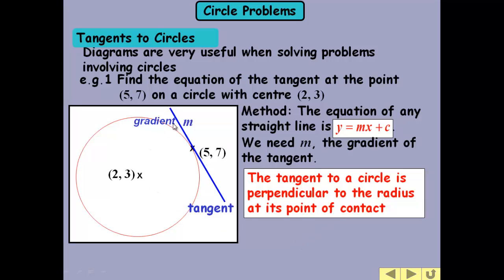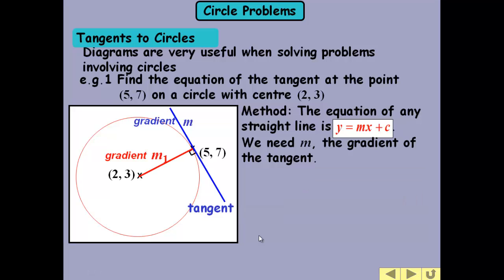Because the tangent is perpendicular to the radius, if we work out the gradient of the radius between 2, 3 and 5, 7, we can then use the negative reciprocal of that, minus 1 over m if you like, to find the gradient of the tangent.